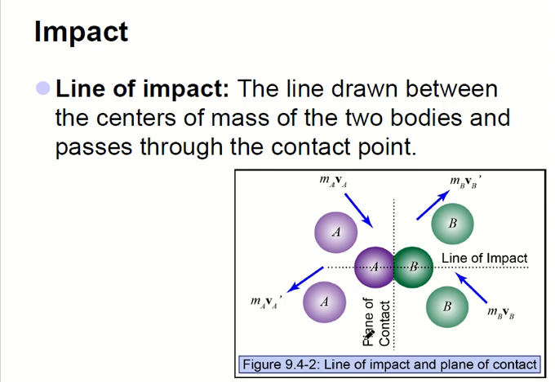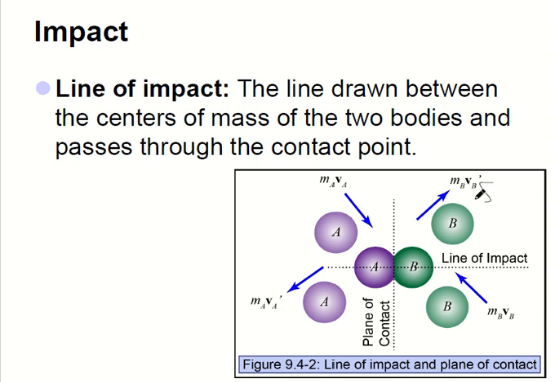So this is the plane of contact, this is the line of impact, and this ball A is going to come with that velocity and hit ball B, and then it's going to go back out with a different velocity after the impact.